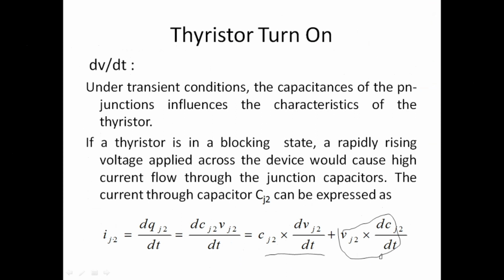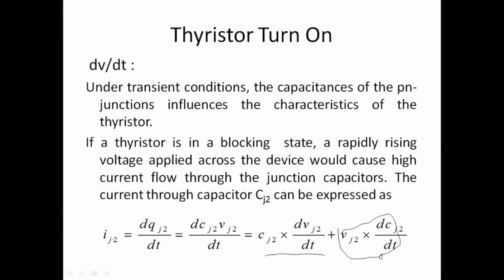We should make sure that a high variation in voltage with respect to time, dV by dt, is not allowed. And if there is any chance of it occurring, we should use a protective circuit, which we call snubber circuits, to suppress or avoid such situations.